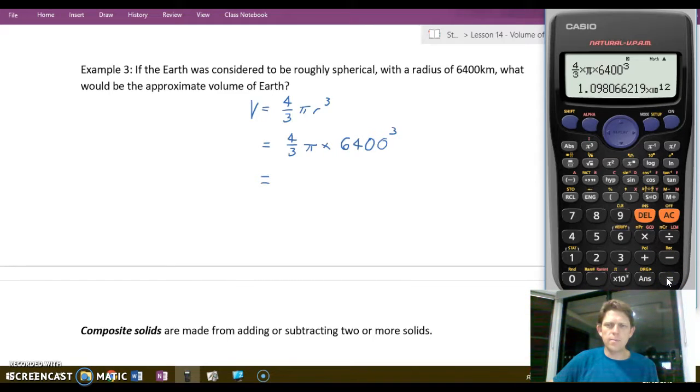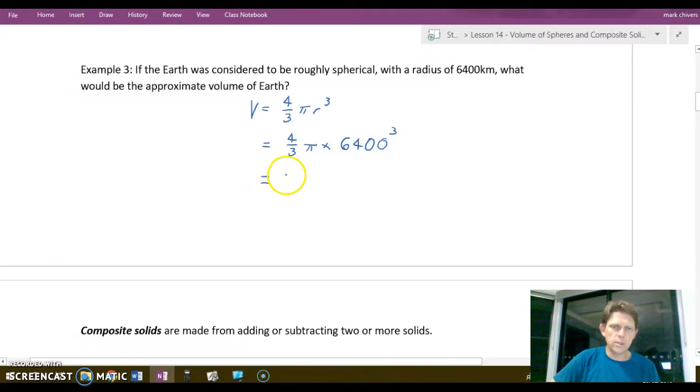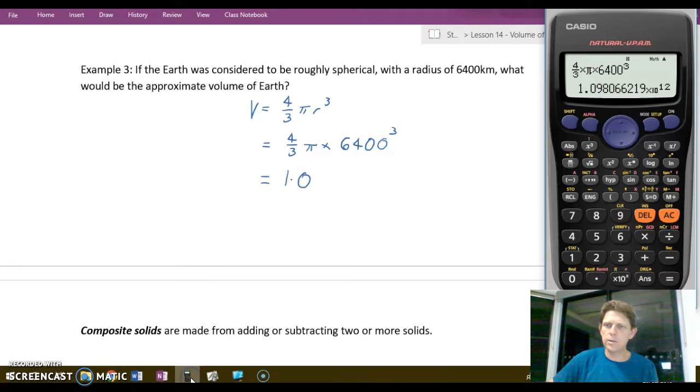Okay, so it's given me rather a large number there, but although it's larger than the screen would allow, it is, however, in scientific notation. So I could put it down just as my calculator has put it there. I'm going to have to bring the calculator back so I can see it. I'll go 1.098. I think that's not a bad approximation.